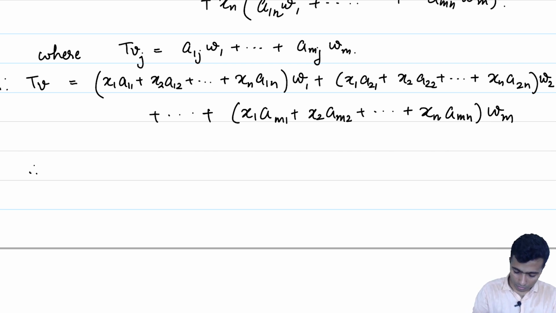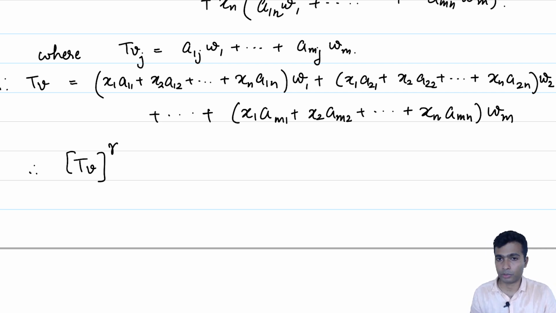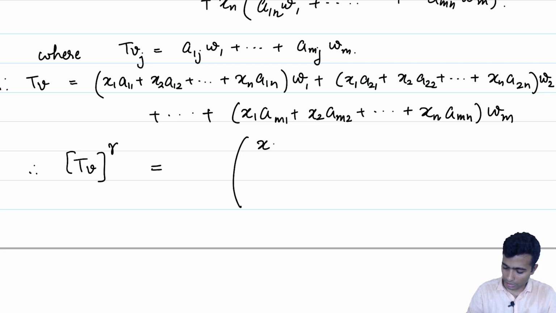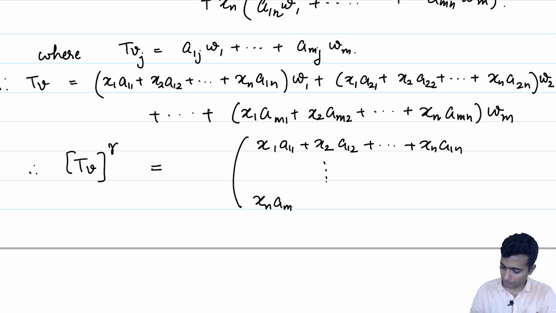And therefore, TV of gamma, remember, was W1, W2 up to Wm. This can be written down as (x1 A11 plus x2 A12 plus xn A1n), and so on down to (x1 Am1 plus x2 Am2 plus xn Amn).